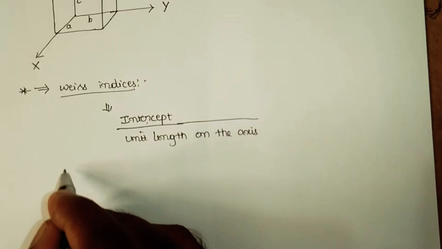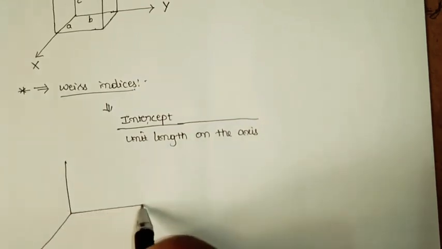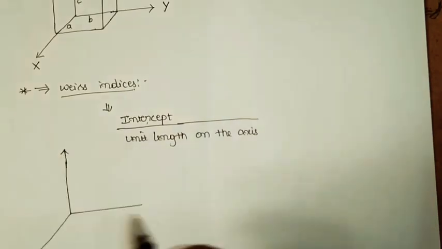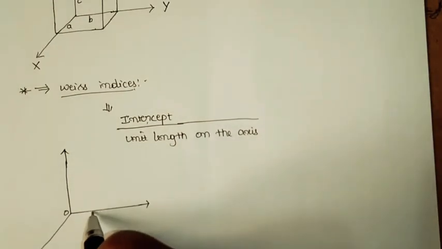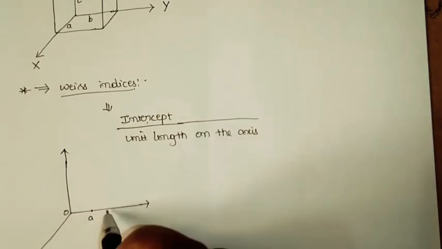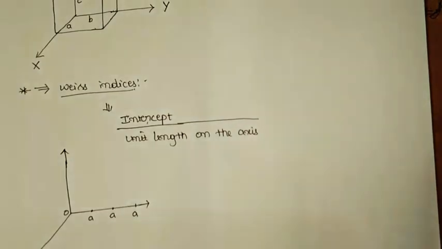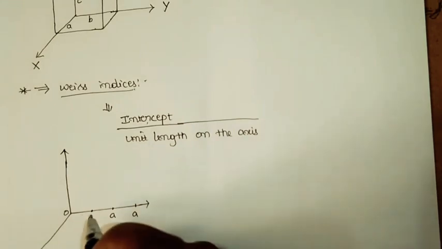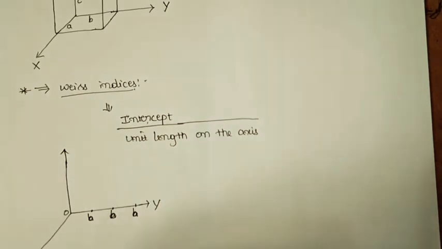I shall consider one simple plane, and from that we shall see how to give the indices, that is Weiss indices. This is the origin, and let me consider this as length A, once again A, and A. Or else let me change this to B, B, B, because this will be along the y axis.